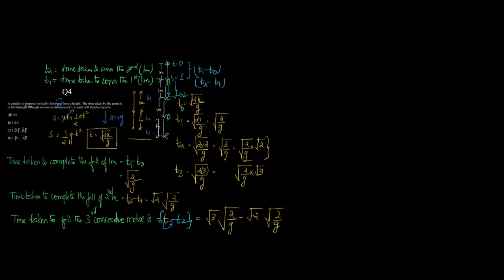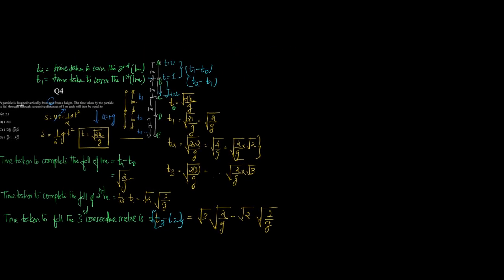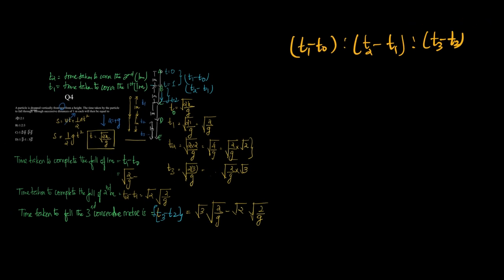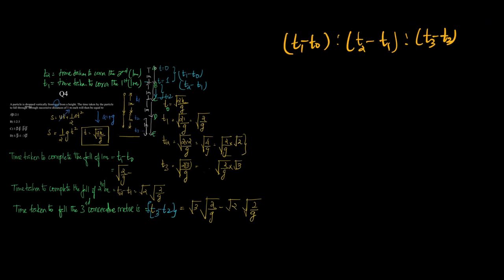Now that we have derived these values, let us find out the required ratio, which is t1 minus t0 is to t2 minus t1 is to t3 minus t2, right? Now, what is t1 minus t0?